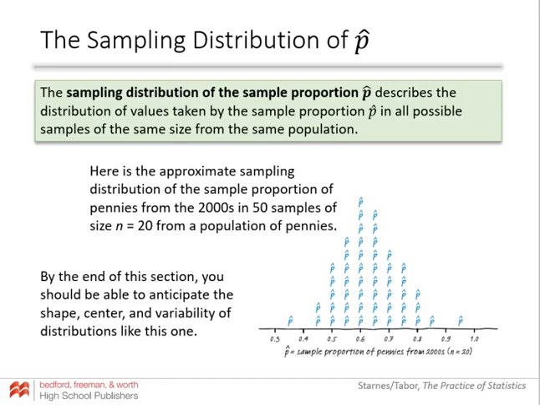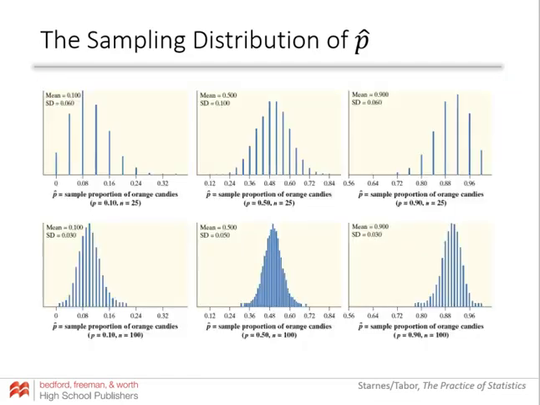And the goal is for you to be able to know and describe the shape, center, and variability of these sampling distributions. As examples, we have 6 of them here, and they are talking about taking the sample proportion of orange candies.